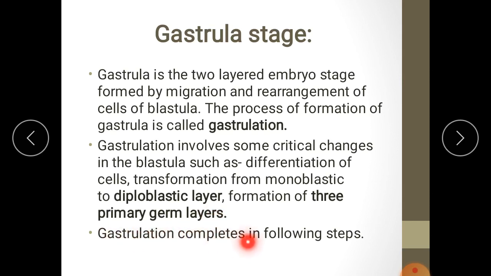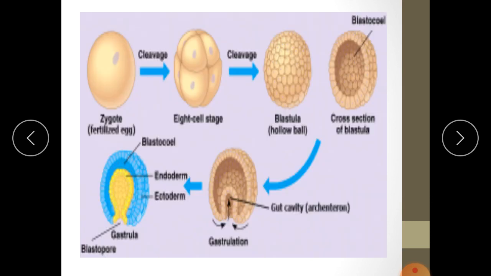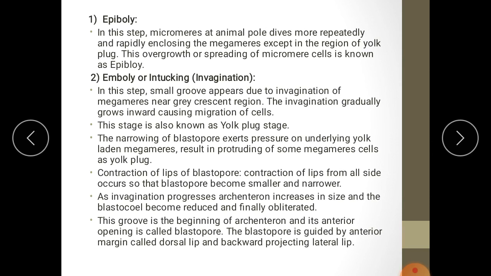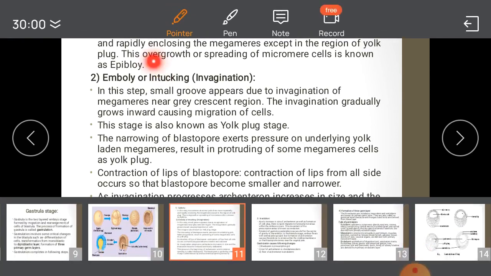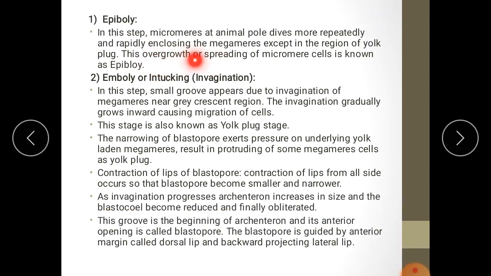Gastrulation completes in three different steps. Number 1, epiboly. In this step, micromeres at the animal pole divide more repeatedly and rapidly, enclosing the megameres except in the region of the yolk plug. This overgrowth or spreading of micromeres is called epiboly.